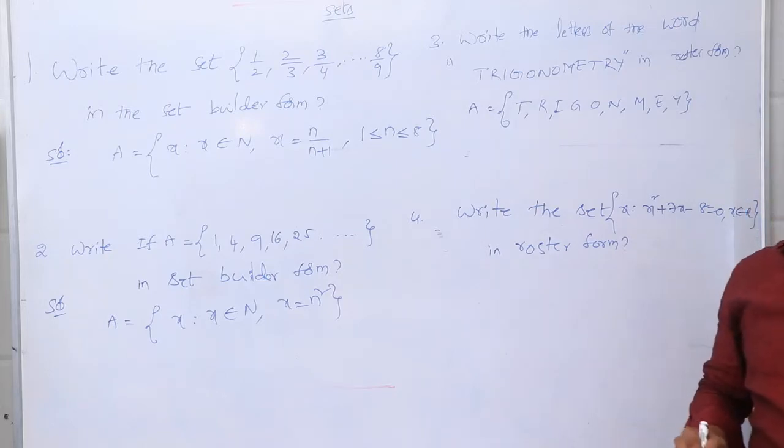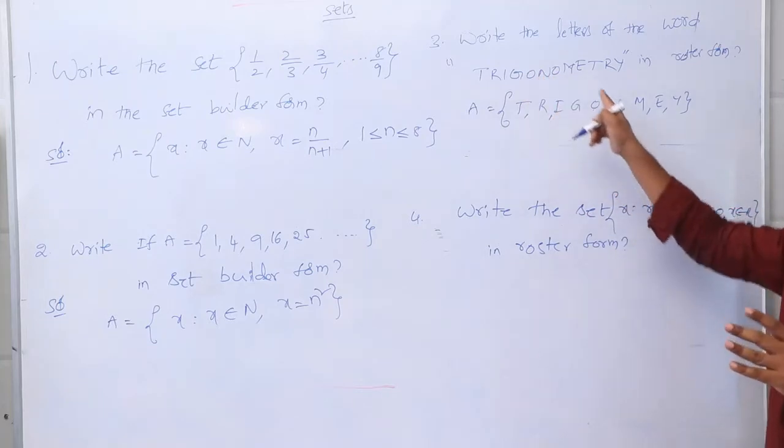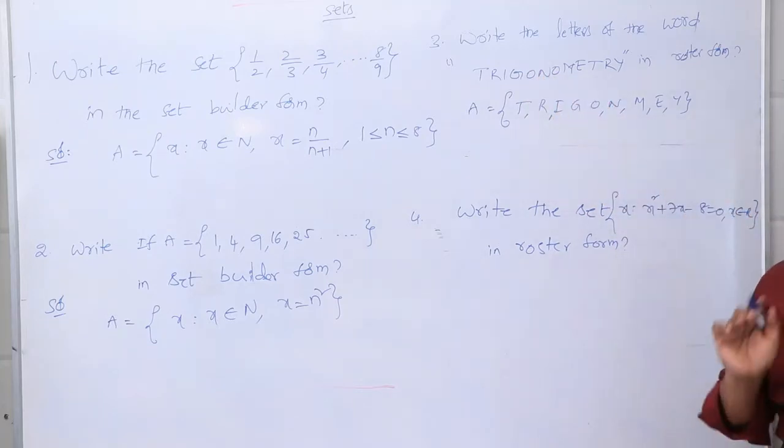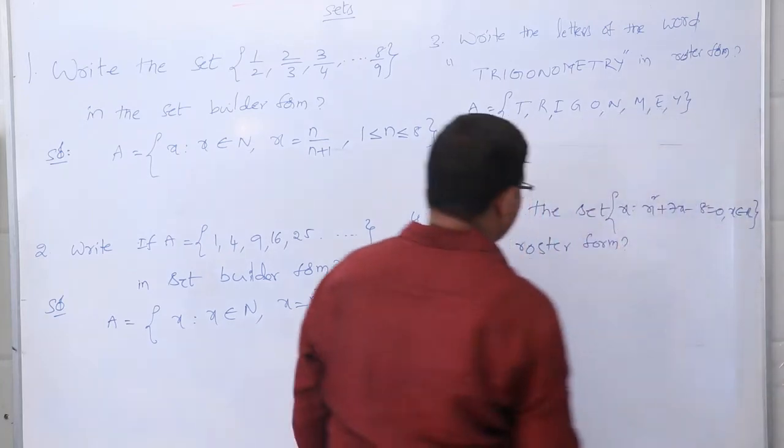All the elements are taken and enclosed in brackets. That is called roster form. Hope you can easily understand.